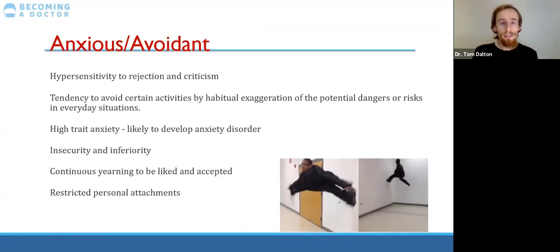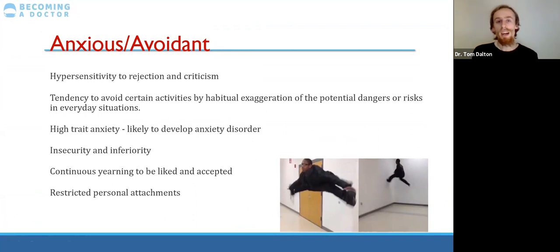And then we have anxious avoidant. Oh, sorry, my slide's a bit doofus. So I did the talk on anxiety disorders a little while ago for you guys. I don't know if anyone here tonight attended that, but we talked about trait anxiety as this multifactorial stable personality trait, how likely you are to experience the feeling of anxiety under a given set of circumstances.